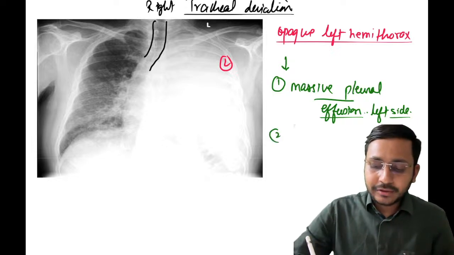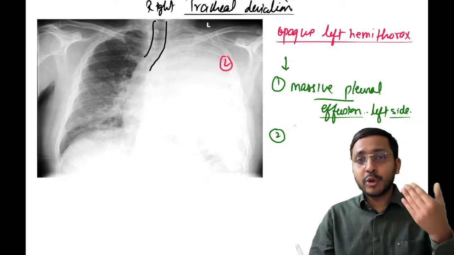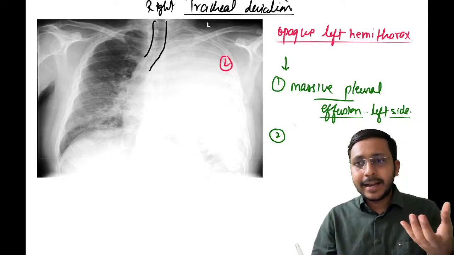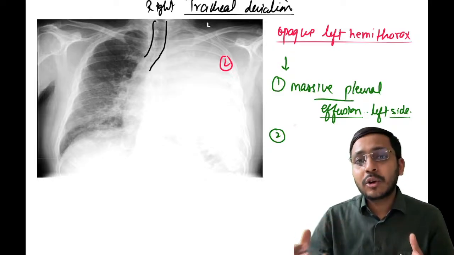Now, second cause, if some examiner is very inquisitive and wants to push you, your viva is going well, and you have already said massive left pleural effusion, he'll ask, is there any other cause?